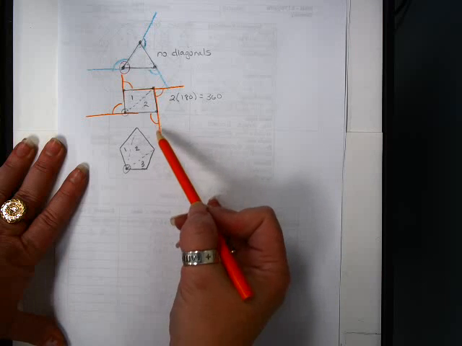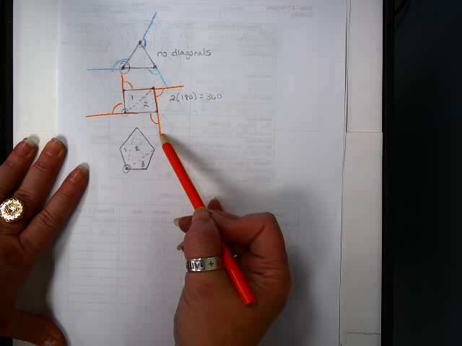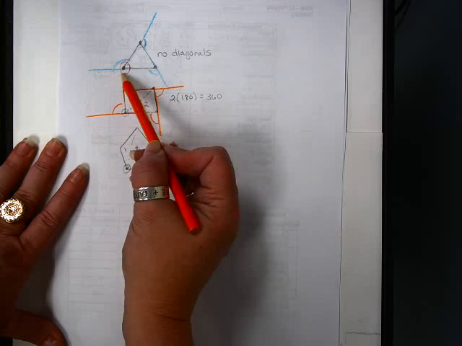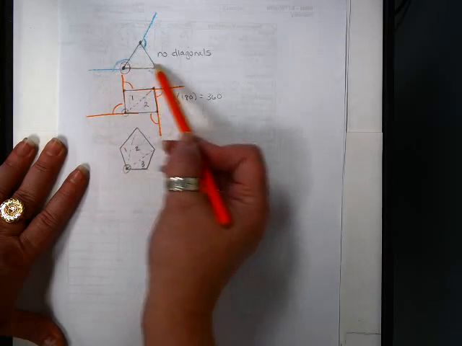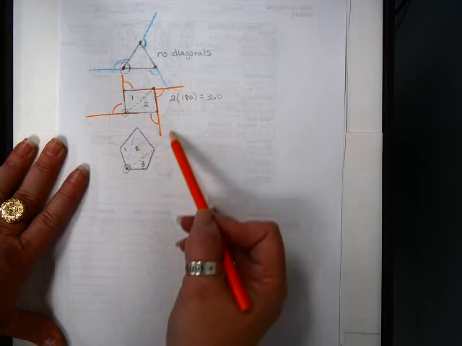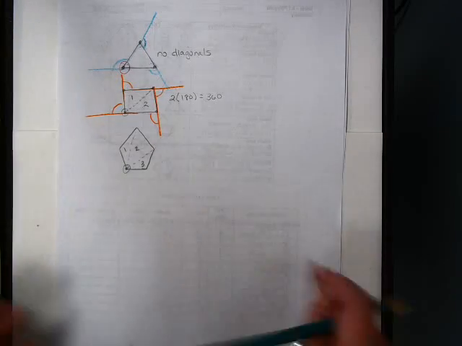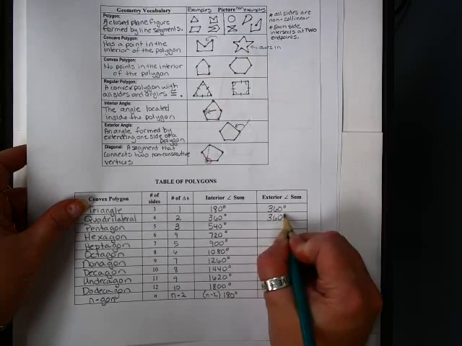Okay, so I'm going to start down here, and I'm going to walk the outside of the building. Walk around this way, and then here, and then here, and then here. So I've still circled the building, and when you make a circle, a full circle is 360. Okay, so this one is 360 degrees.